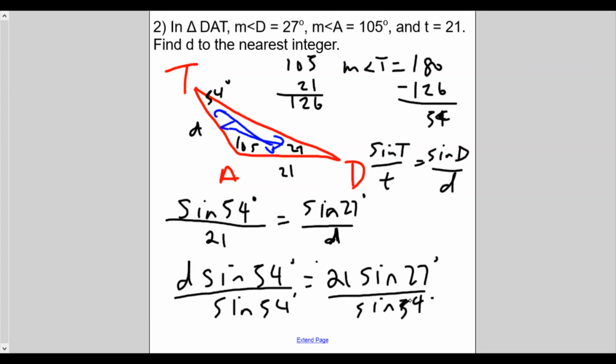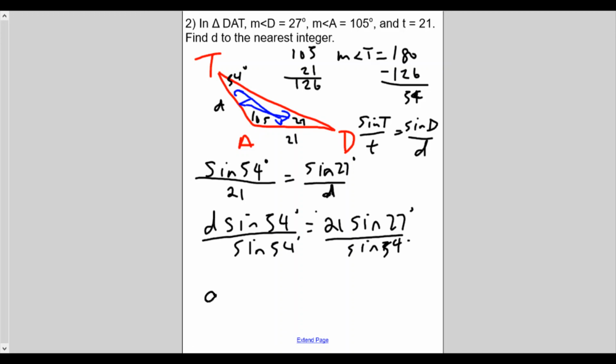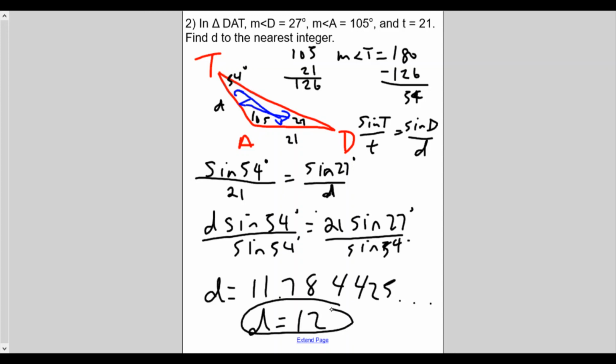The default for calculators is radian mode, and we'll talk about radians later on. Rounding to the nearest integer, d is 11.7844425 and so on, so d is equal to 12.